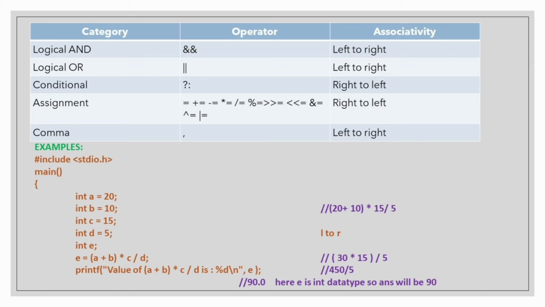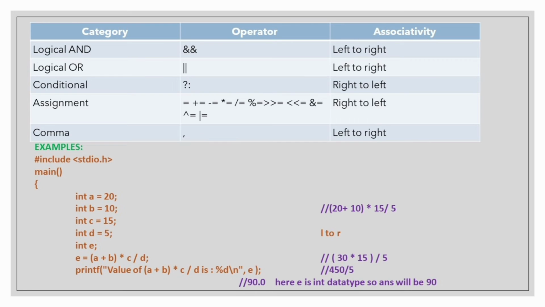So let's see some examples here. Take this example, where a, b, c, d and e are of integer data type, and we are going to assign the values to a, b, c and d in the given expression for e. Here a plus b equals 20 plus 10. We first evaluate the bracketed values.